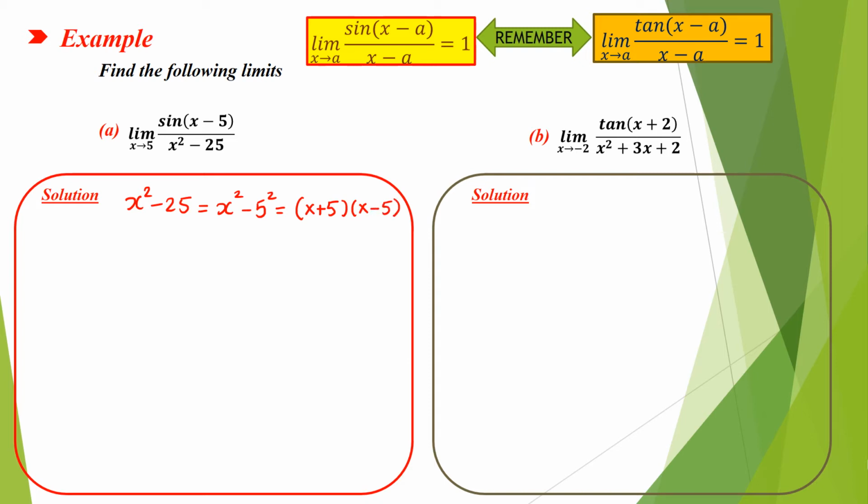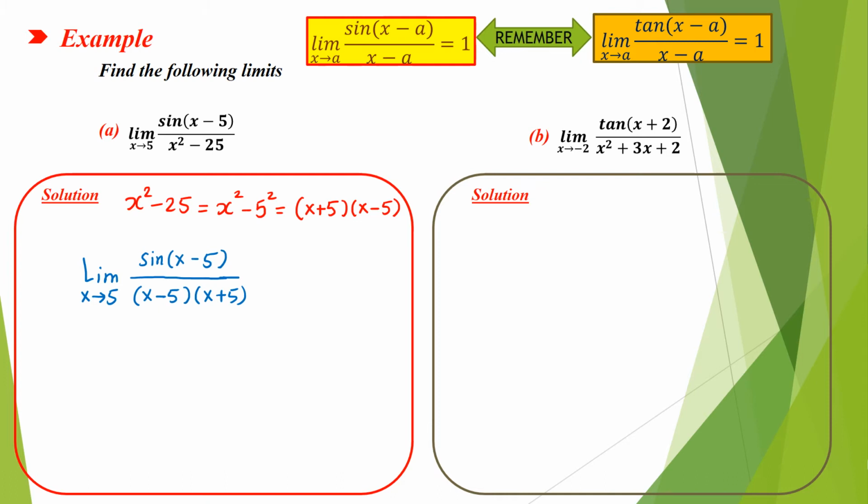So the limit will be the limit of sine of x minus 5 divided by x minus 5 multiplied by x plus 5 when x goes to 5.